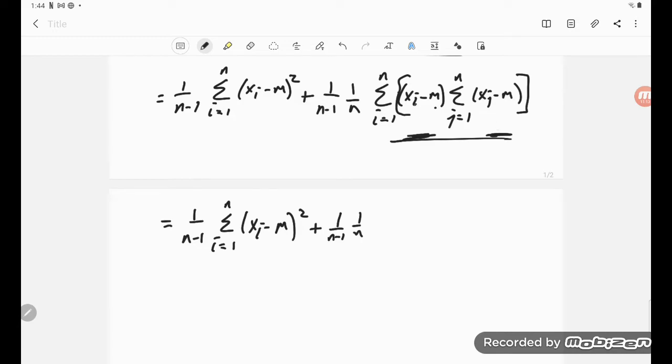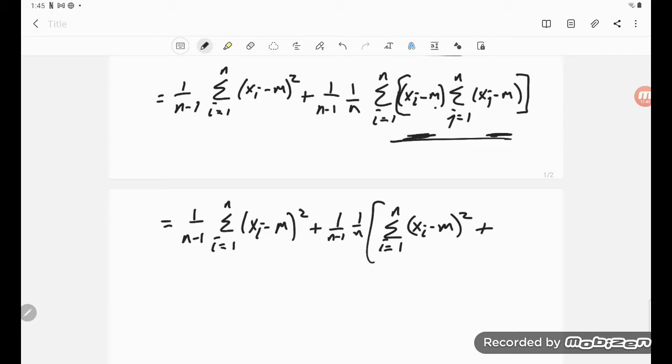That will be x1 minus m squared. And then plus x1 minus m times x2 minus m, plus x1 minus m times x3 minus m, and so forth. So what I'm going to do is take the parts where I would get xi minus m times itself, squared, and then take all the other parts.